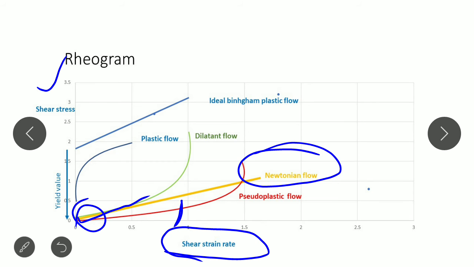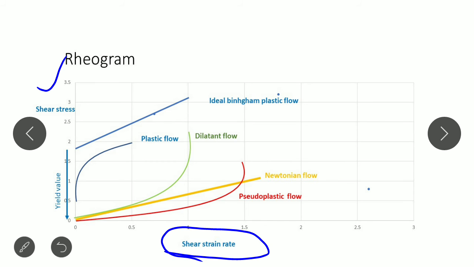The slope, the angle that this curve is making, will be called fluidity, and the inverse of the slope will be called the viscosity of the fluid. Their shear stress and shear rate are directly proportional. Therefore, a single viscometric point can characterize the liquid rheology.